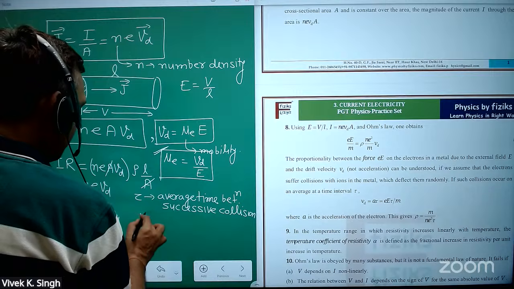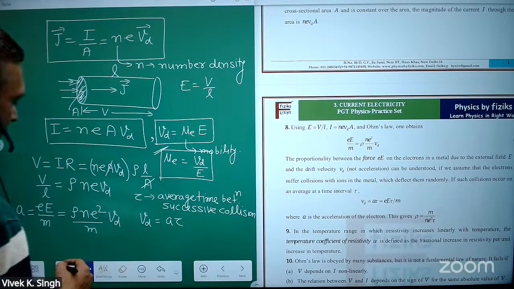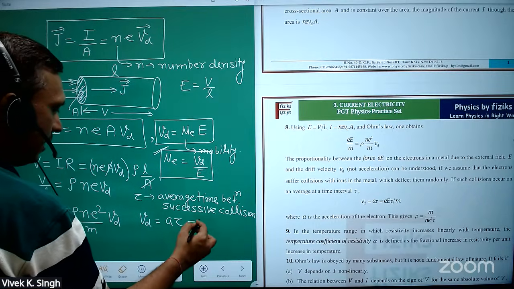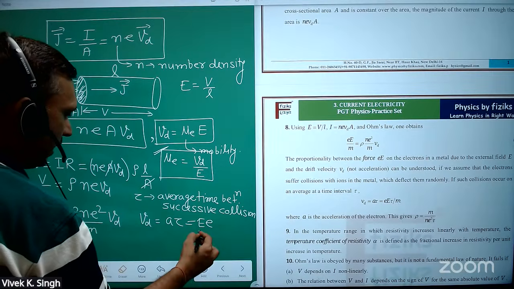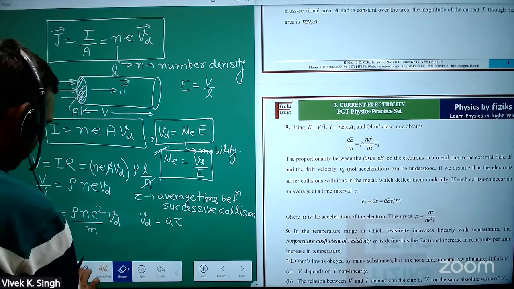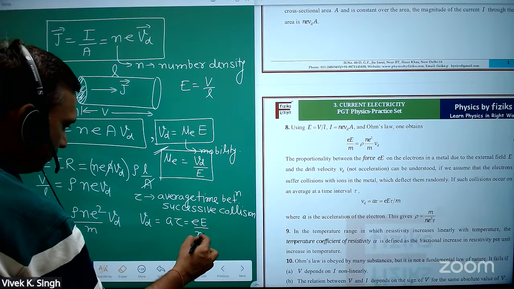In that case, vd is given by a into tau, and a is given by eE by m, so vd is eE by m into tau.